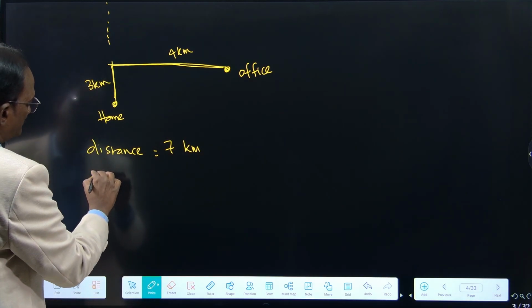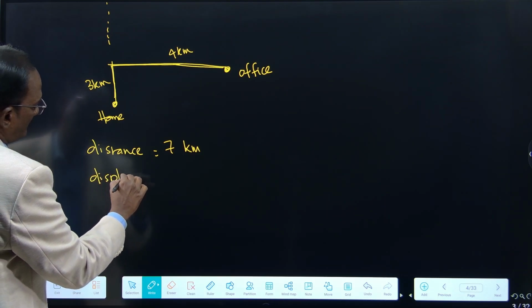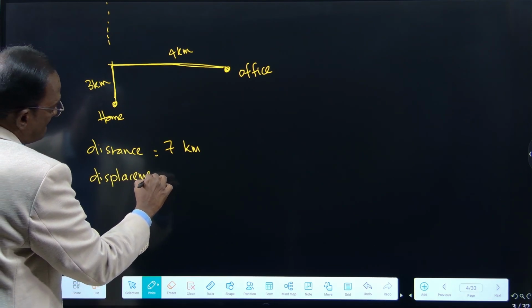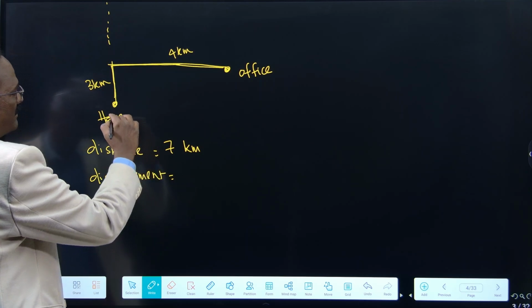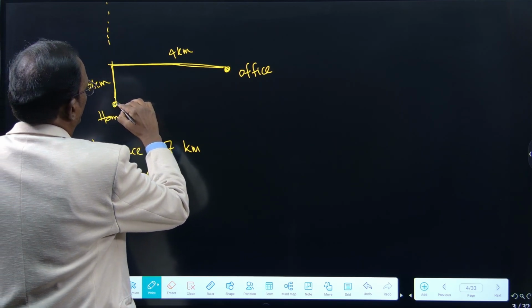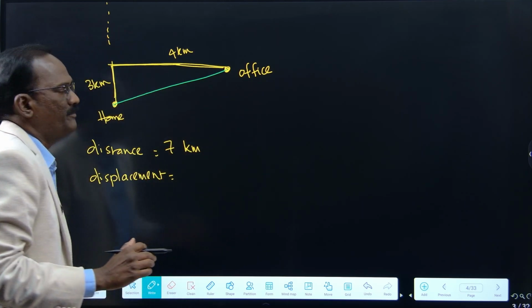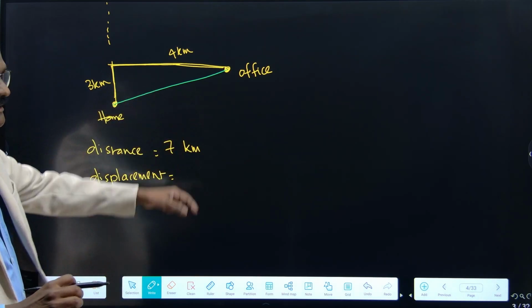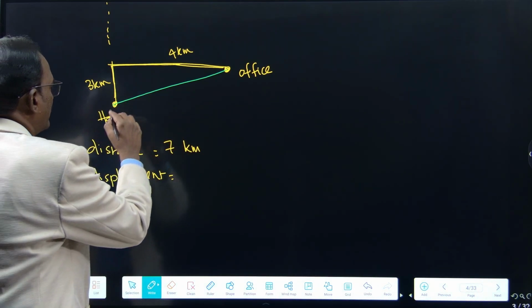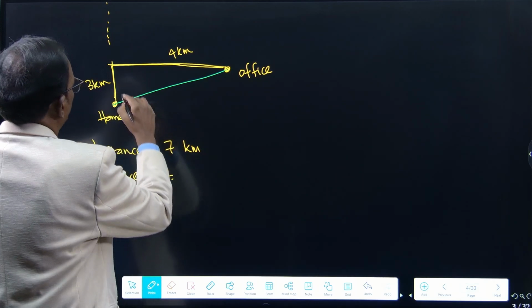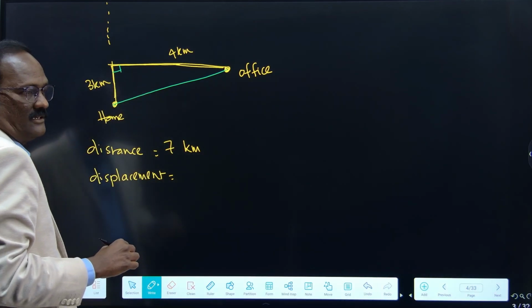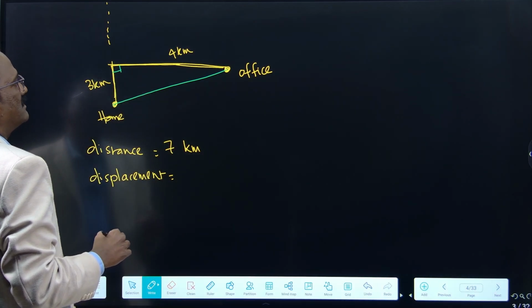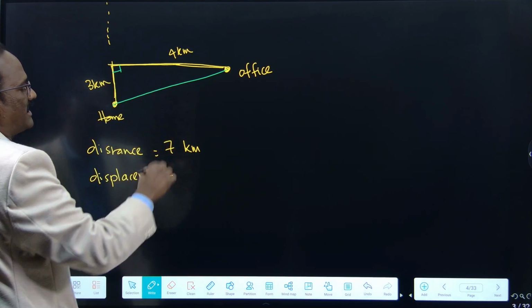Then displacement, if I join the home and office in this way, the shortest line or the straight line, only one line, straight line, right? So I can find it by using, this is looking like a right angle triangle.